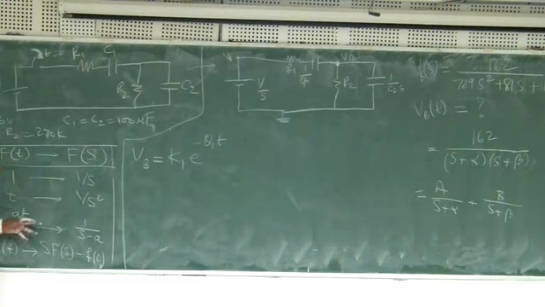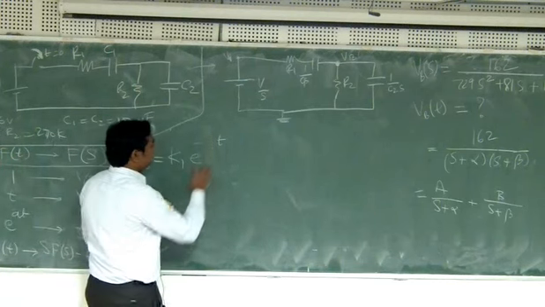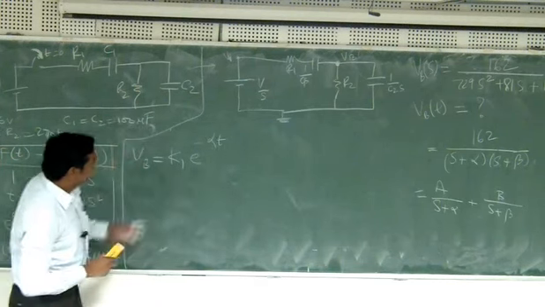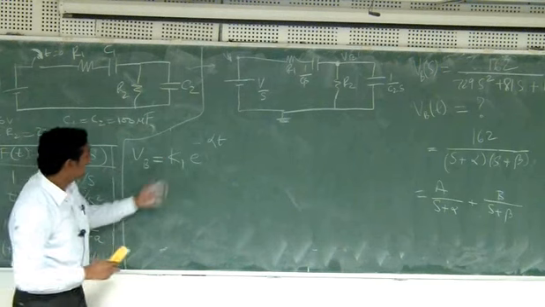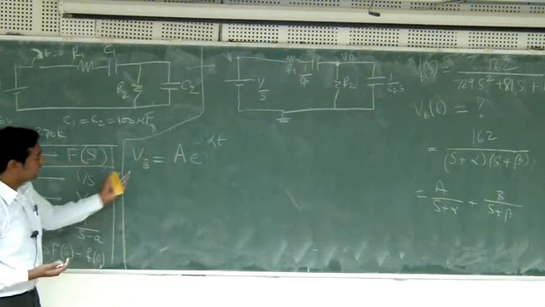I am just introducing new variables just to explain the concept. Because it is S plus A, I might get S plus theta. Oh, we already have alpha, sorry. It will be something like this, some constant K1.